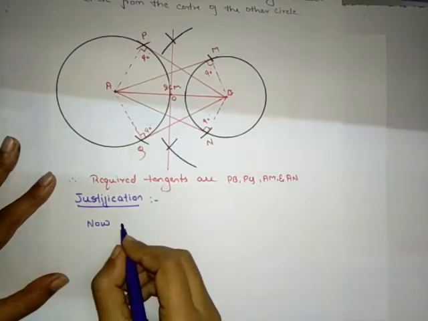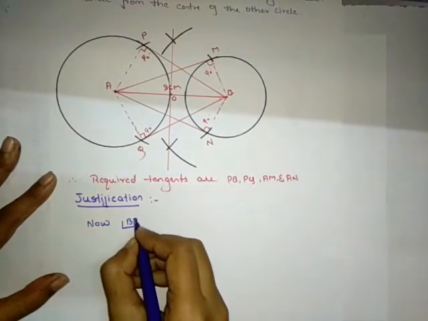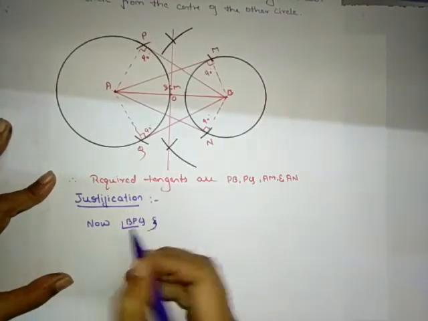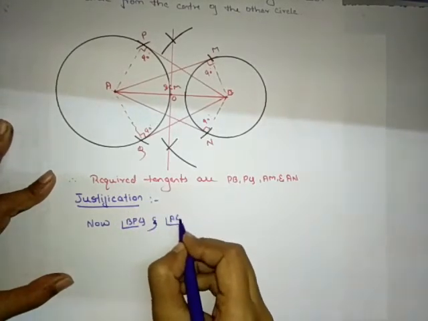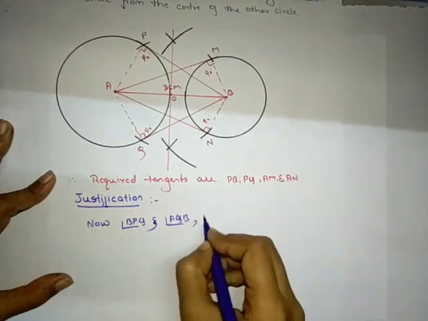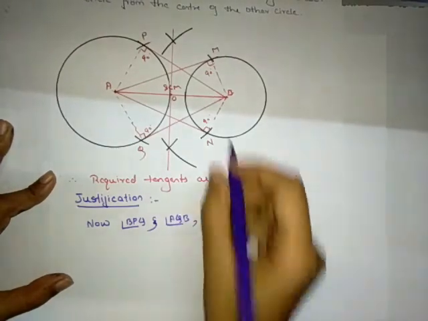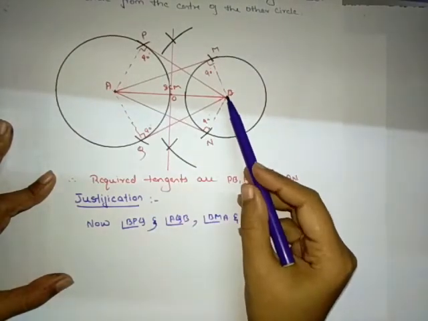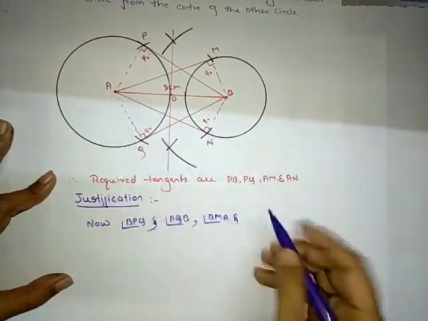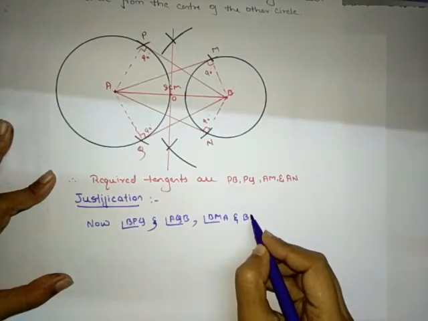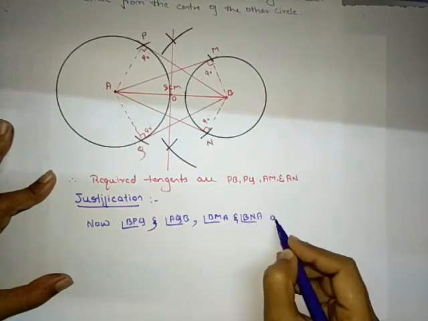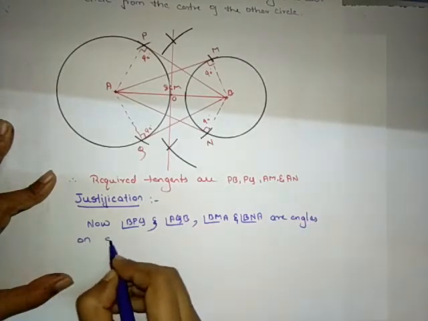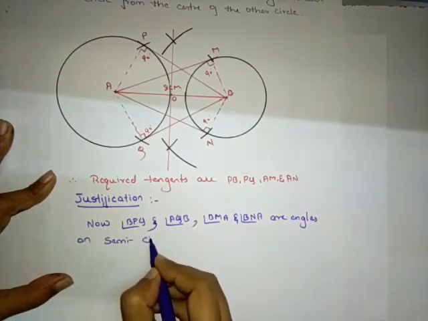So now angle BPA, and we'll write all the 4 angles once only, comma, angle AQB, comma, angle BMA and angle BNA are angles in a semicircle.